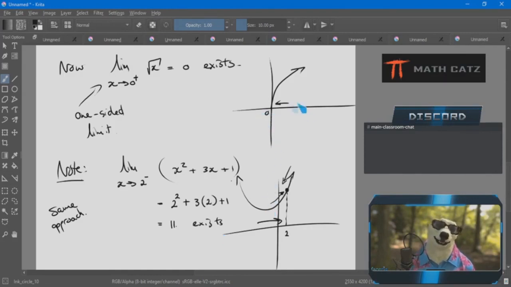All our other basic functions, well, it's not entirely true, for now will be defined for most of the x values. But when the graph is only half a graph, then I have to look only from that side because it doesn't make sense to even ask about the other side. There is no other side to explore behavior.